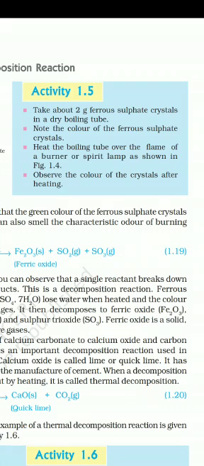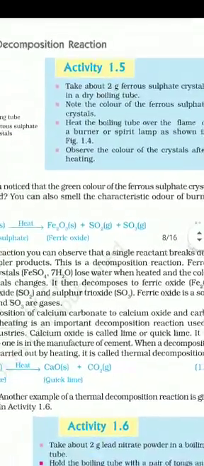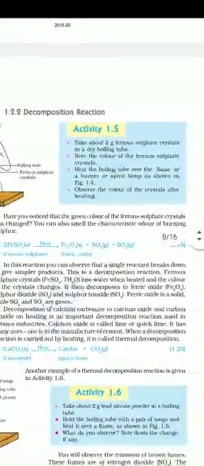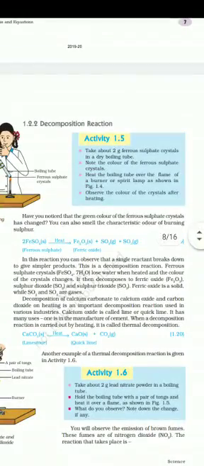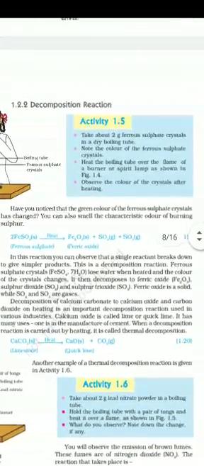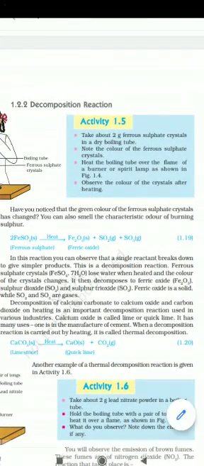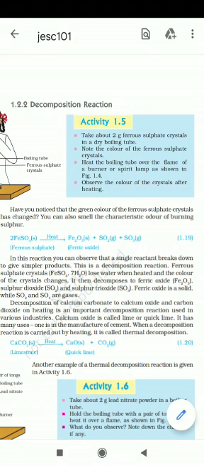Observe the color of the crystals after heating. Before heating, it was green. Now we have to see what the color is after heating. You notice that the green color of the ferrous sulphate crystals has changed. You can also smell the characteristic odor of burning sulfur.